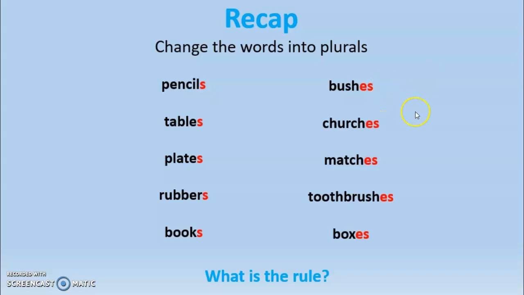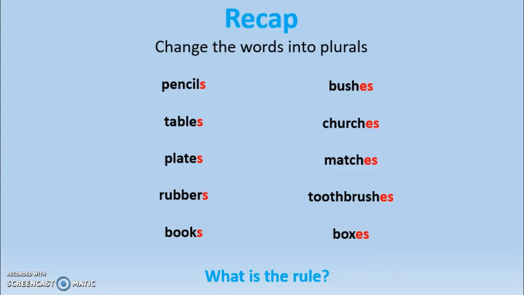So it's got either the chirp, the sh sound, or the hissing sound. So we've got bushes. Okay, can you say bushes? It sounds like it's got IS at the end of it, but we add ES. Churches, matches, toothbrushes, boxes. Boxes has got the sound, so we need to add the ES.